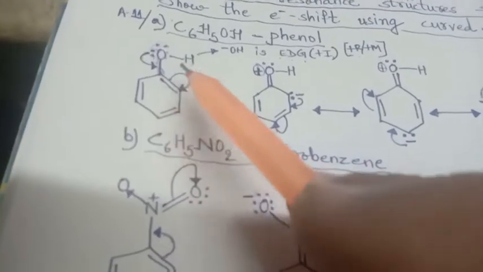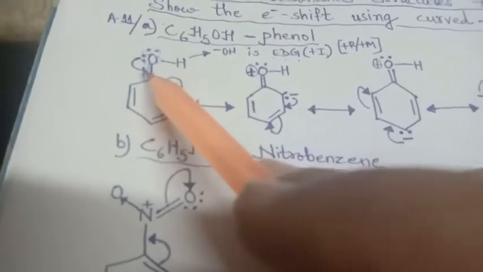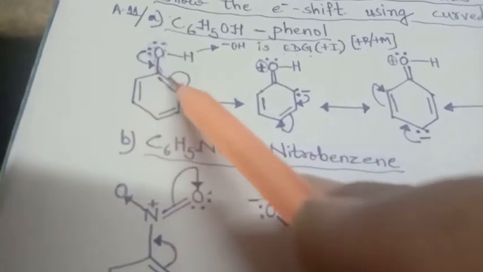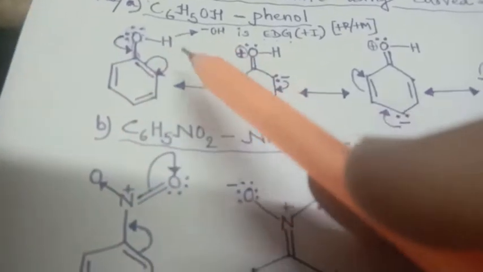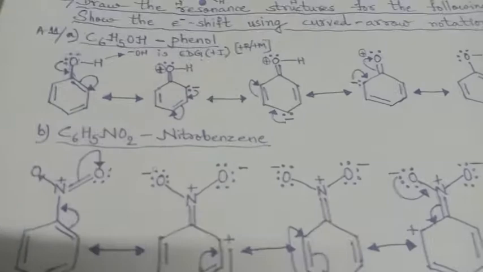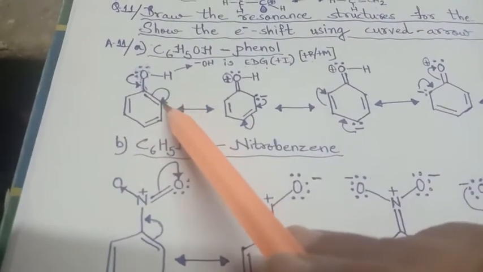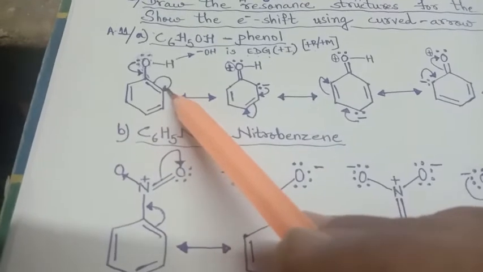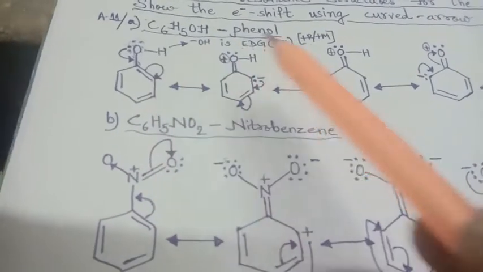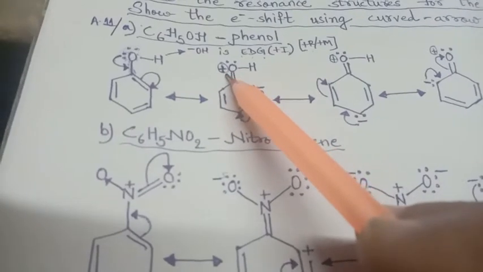Otherwise, what happens once again? This is carbon. If this pair is given over here, then 2 bonds here, 1, 2, this is single, 3, and this 2, 4, 5. It's not possible. Carbon can maximum be tetravalent. It will show the 4 bonds. So at the same time, this bond is shifting, and as soon as the bond shifts here, it will give a negative charge over here. Here, the electron is donated, so it is positive.